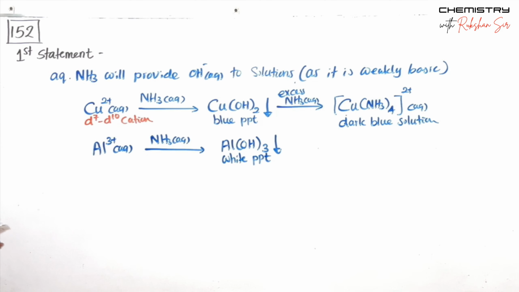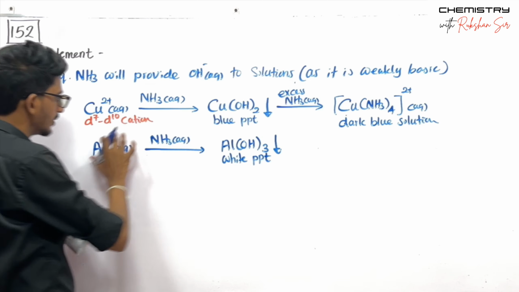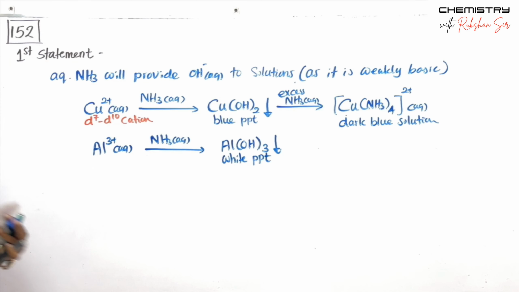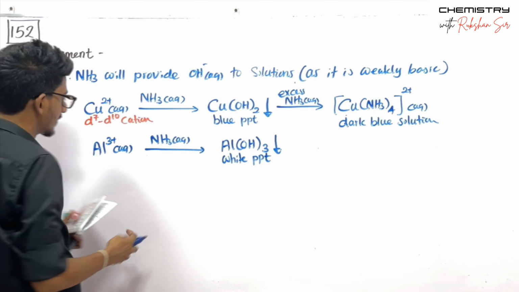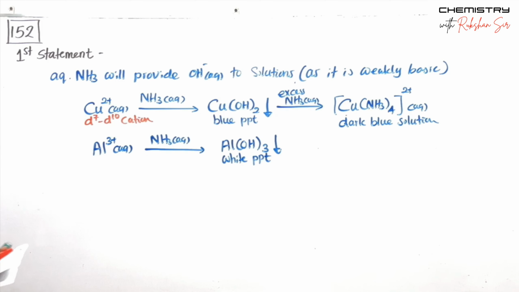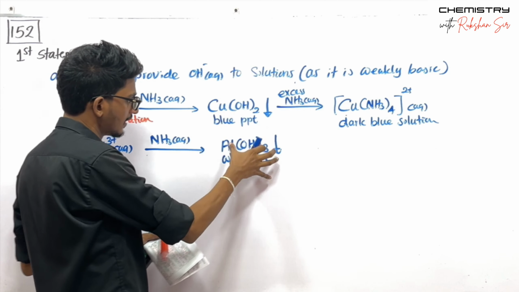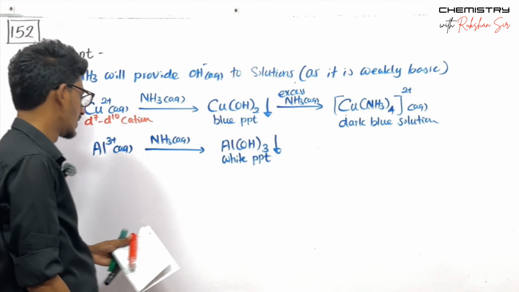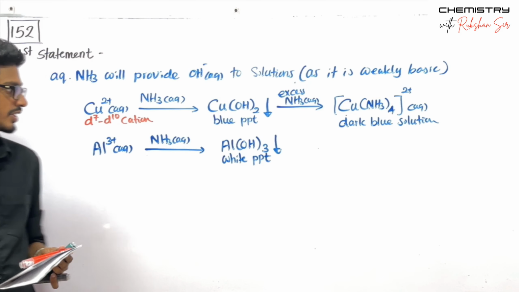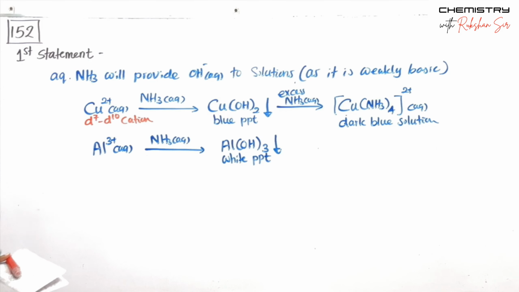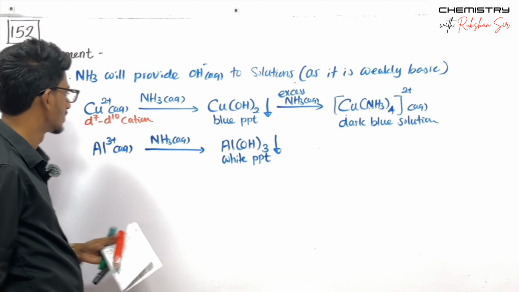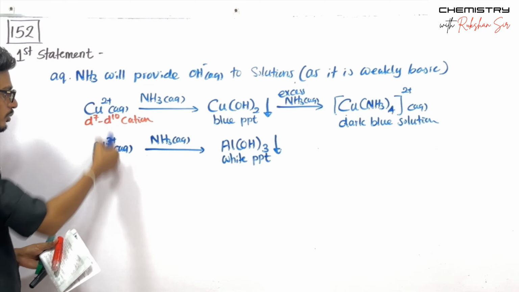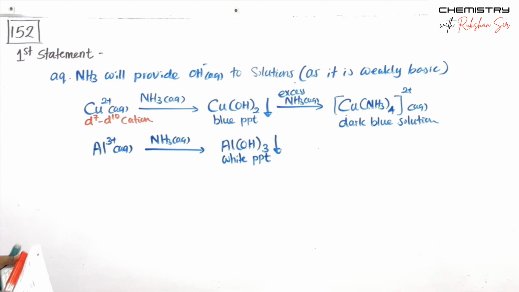Further, no more reaction could occur as aluminium is not a d7 to d10 cation. Even if you add excess ammonia, still the white precipitate will be the result with the Al3+ ions. So we clearly see we can use NH3 as a reagent to differentiate the copper 2+ as well as the Al3+ ions.